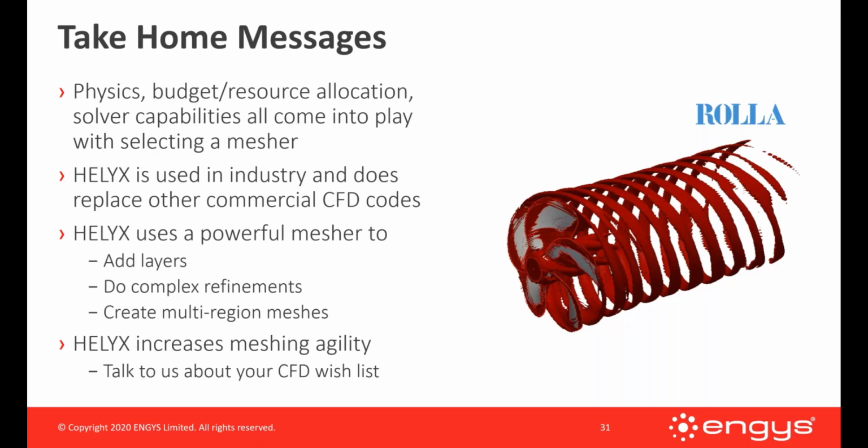HELYX uses a powerful mesher to add layers, do complex refinements, create multi-region meshes, and lots of different features. Because we're the ones writing the code and developing this, we can move very quickly when we have a new feature that needs to be incorporated. So HELYX increases meshing agility.